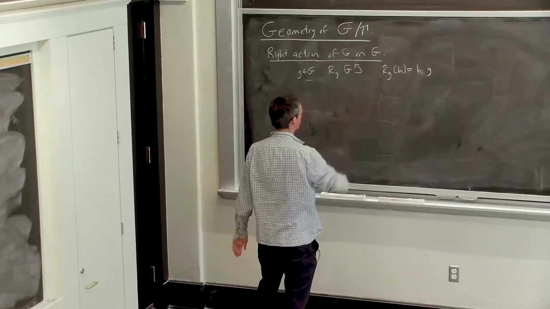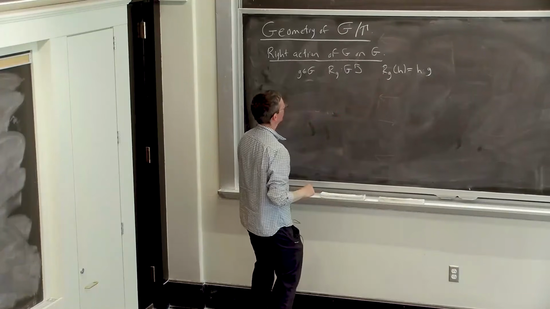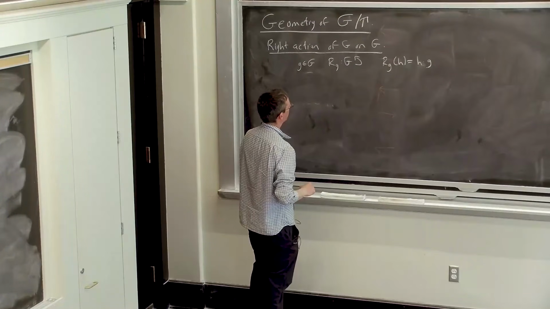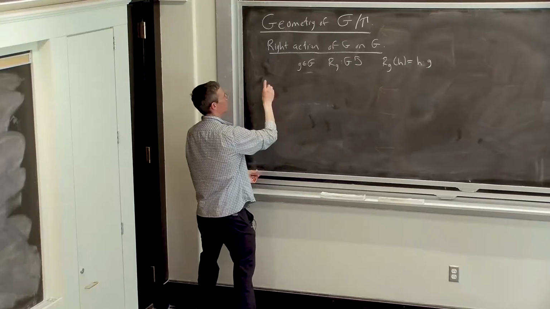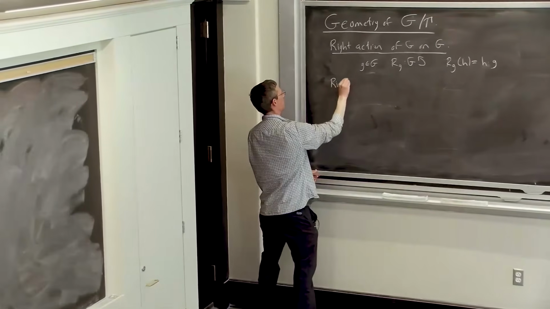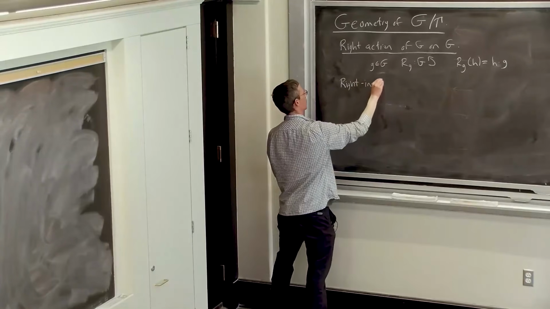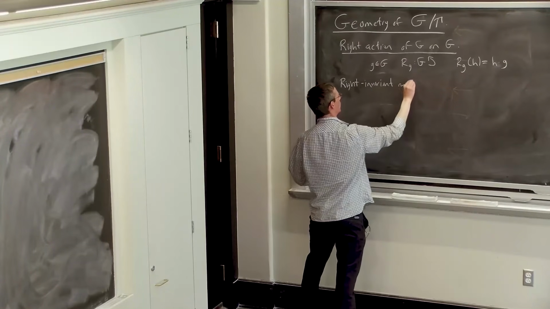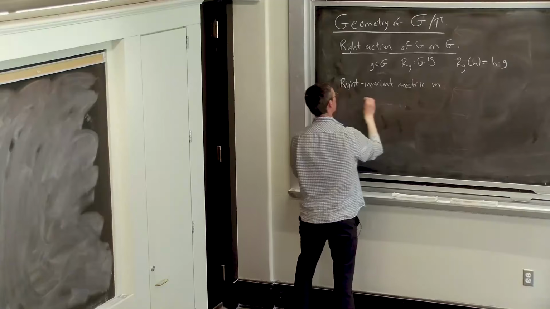So that's a map from G to itself. Now we're going to use that to start to put a geometry on G. We're going to have a right invariant metric m.